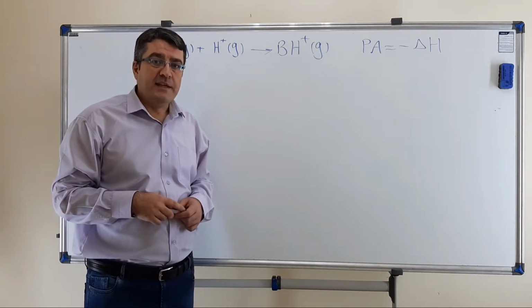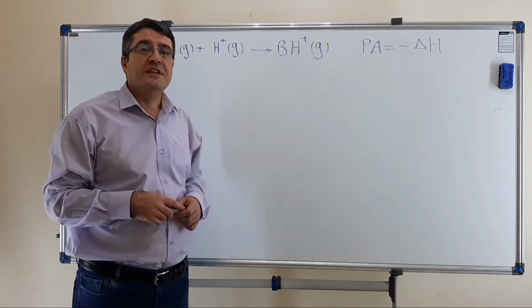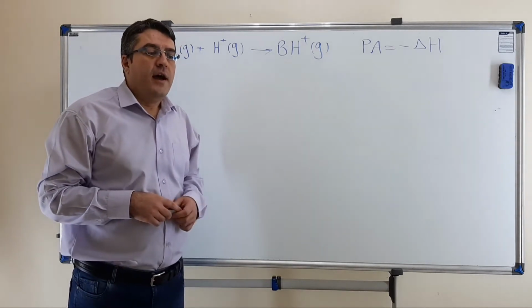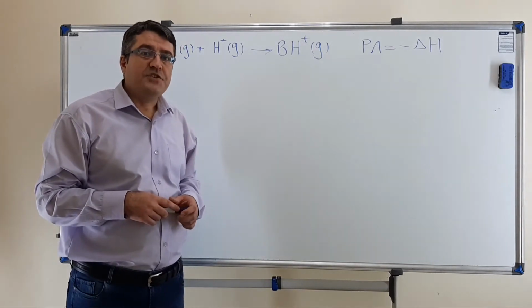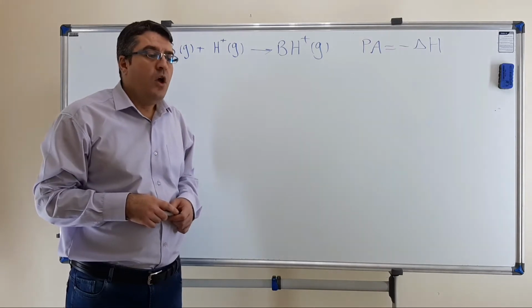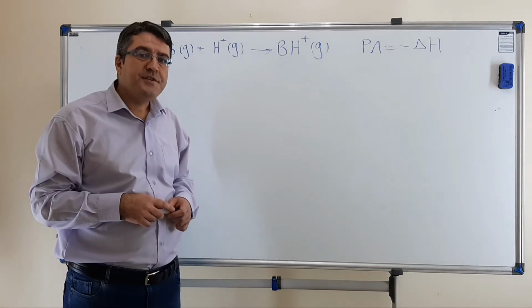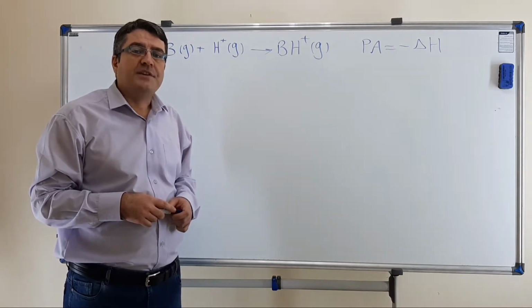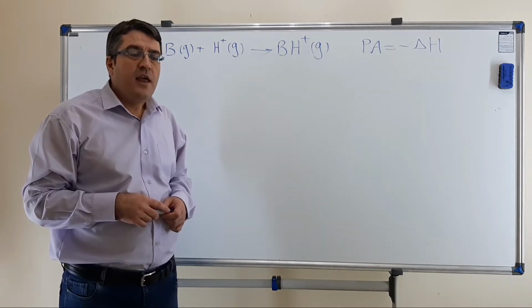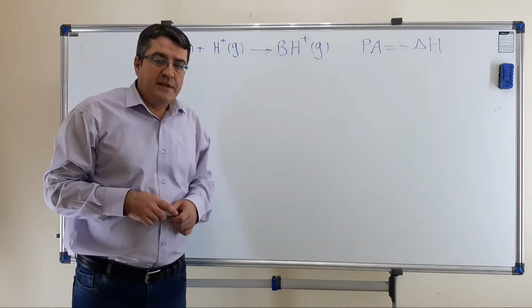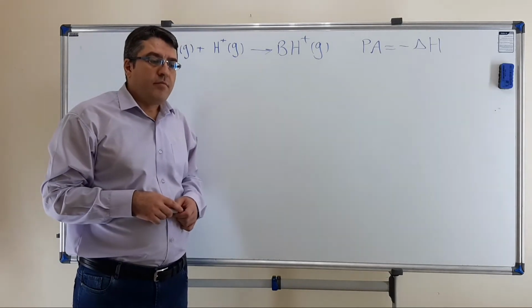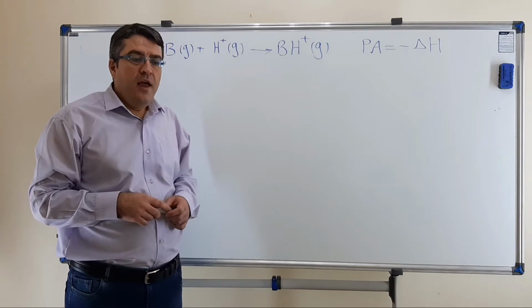Electron affinity is the energy required to detach an electron from a singly charged negative ion, or equivalently, it can be defined as the energy released upon addition of one electron in the gas phase.